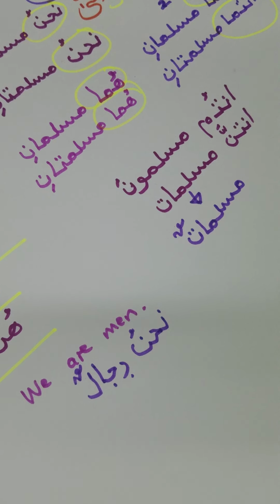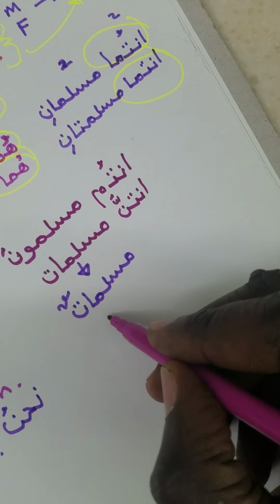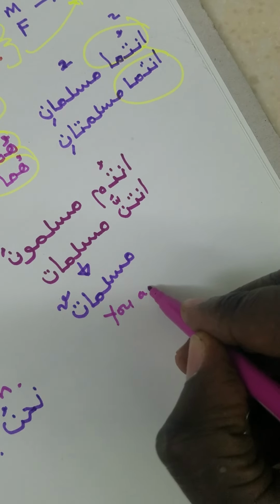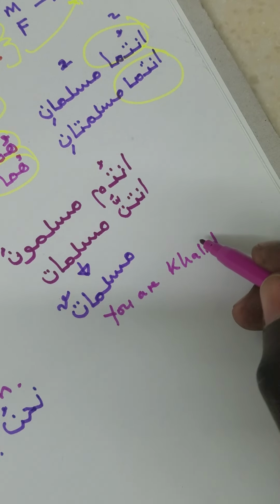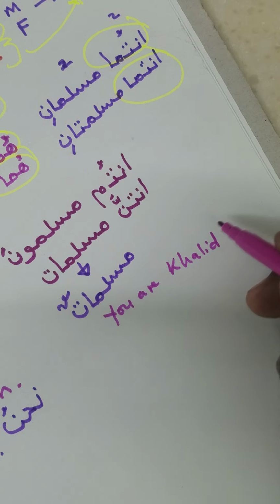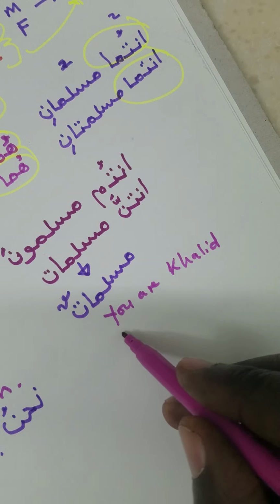You are Khalid. Yes, this is a good example that many people use. Okay, you are Khalid. How do you write this statement?